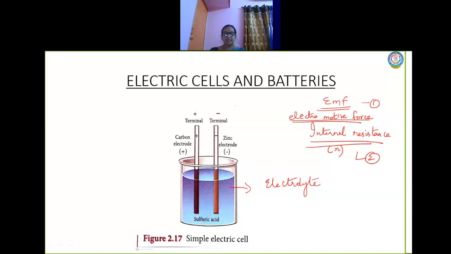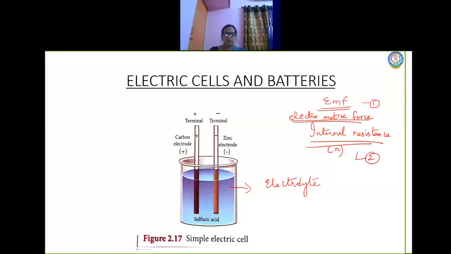Now take your book, page number 103, electromotive force and internal resistance. A battery or cell is called a source of electromotive force. The term electromotive force is a misnomer since it does not really refer to a force but describes a potential difference in volt.